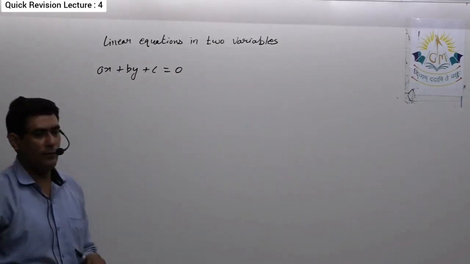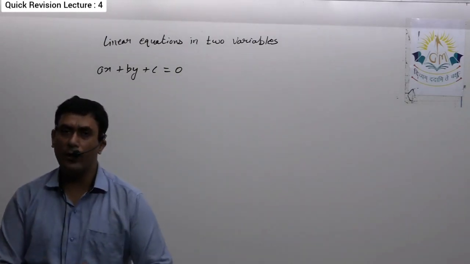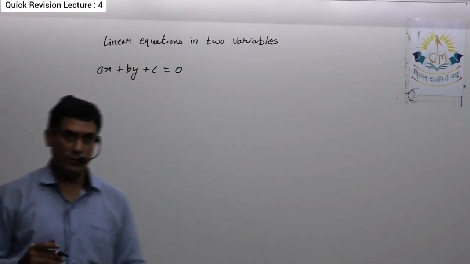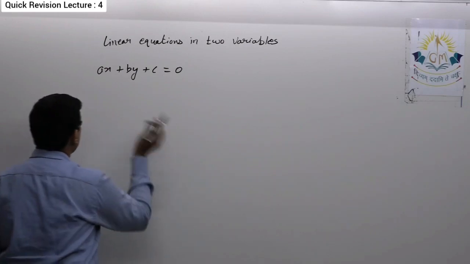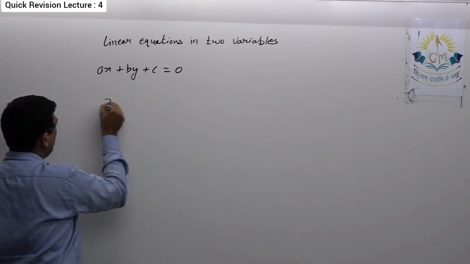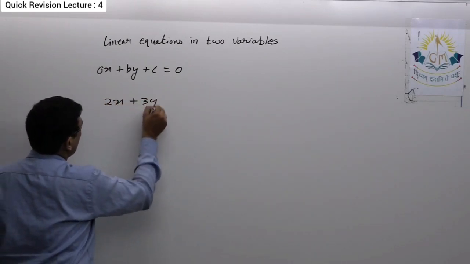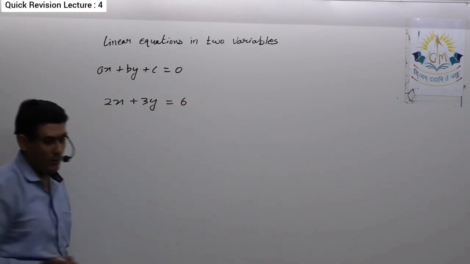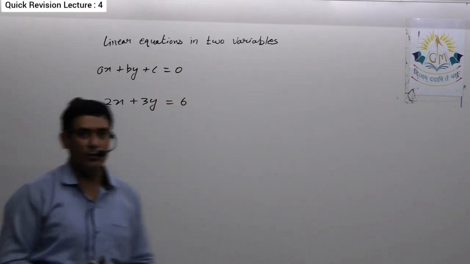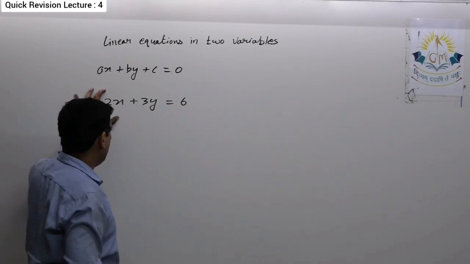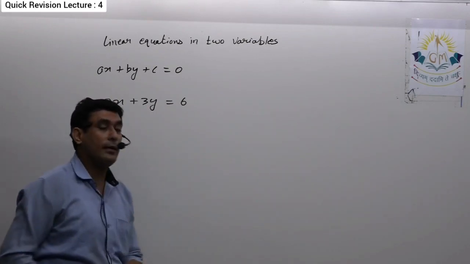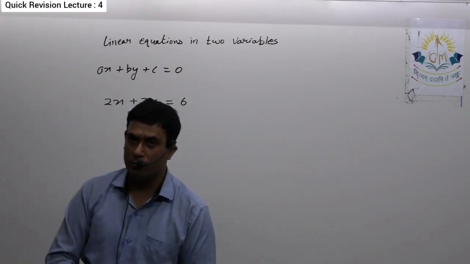Next, one equation will be given to you and you will be asked to find the solutions of the equation. How to get the solution of the equation? For example, we have the equation 2x plus 3y is equal to 6. So we have to find the different solutions. The very first thing: it's a linear equation in two variables, so it has infinitely many solutions.